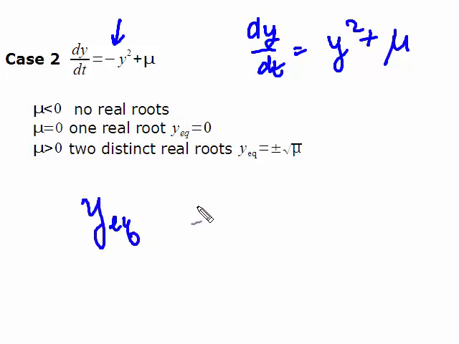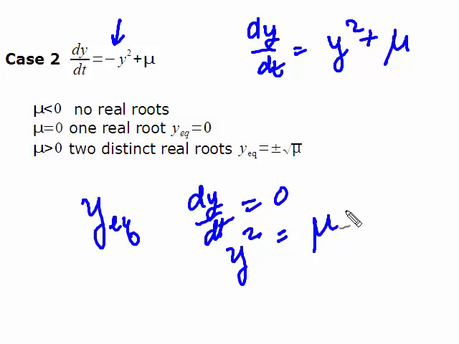So we repeat the process. First we have to find the equilibrium values by setting that first derivative equal to 0, and that's y squared equals mu, the parameter, because of the negative sign.